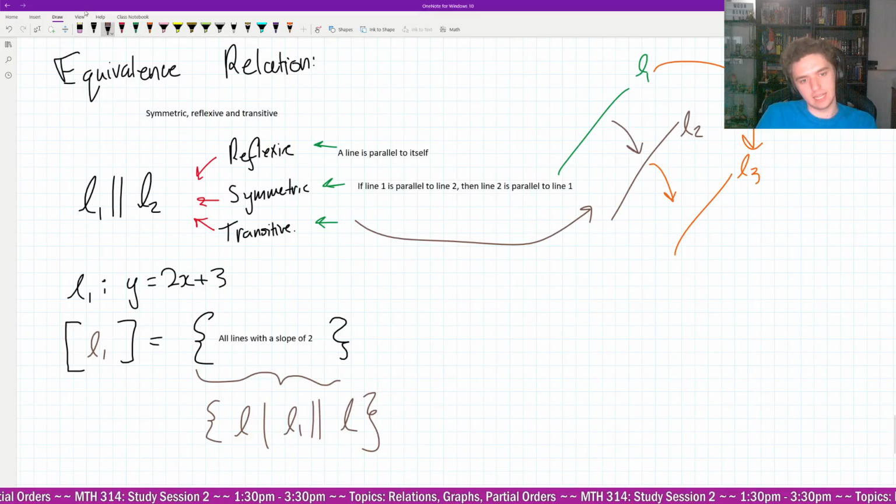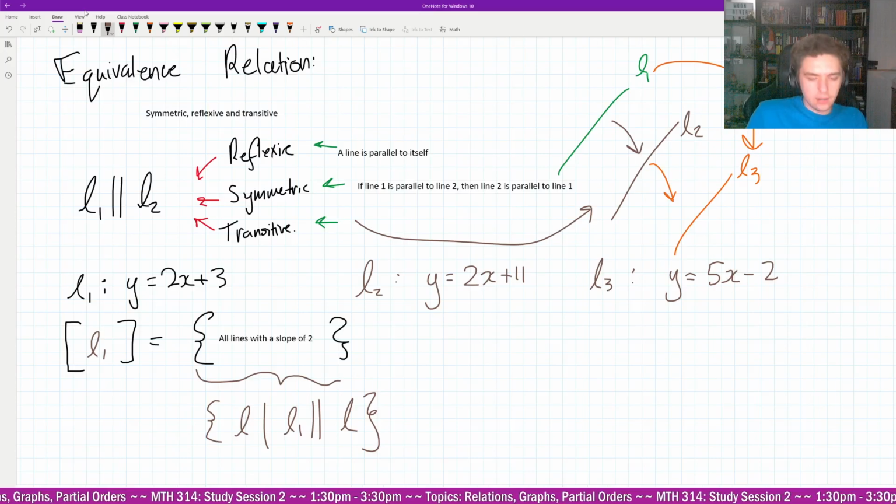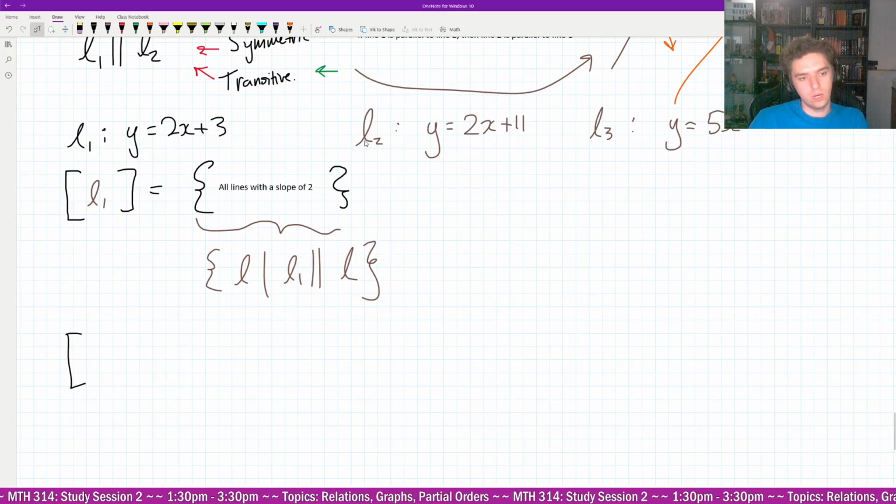And then if I had another line 2, which is y equals 2x plus 11, and then line 3, which is y equals 5x minus 2, then line 2 is in this equivalence class.